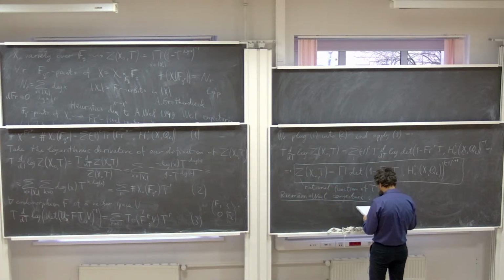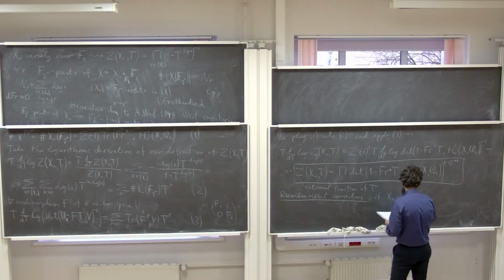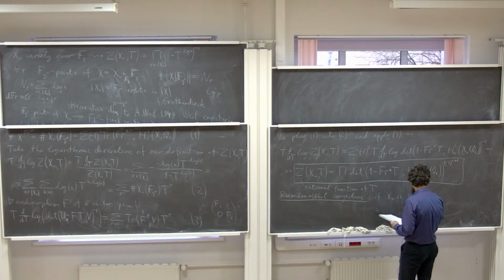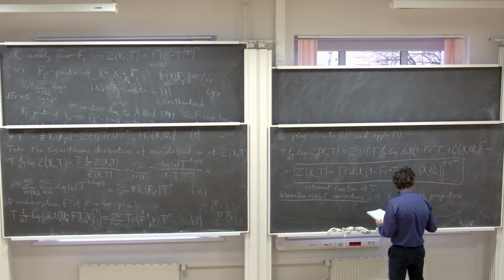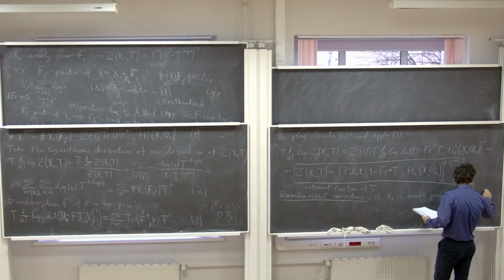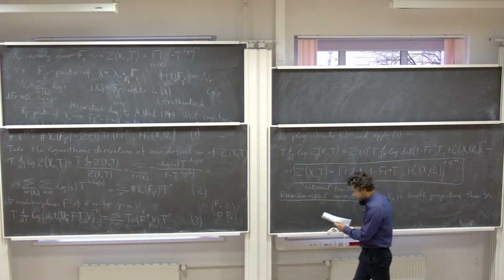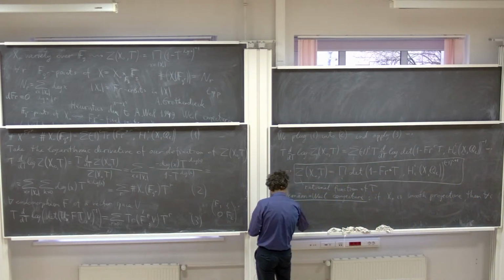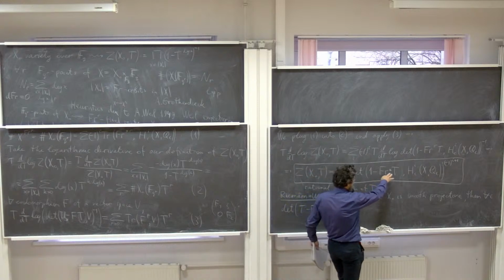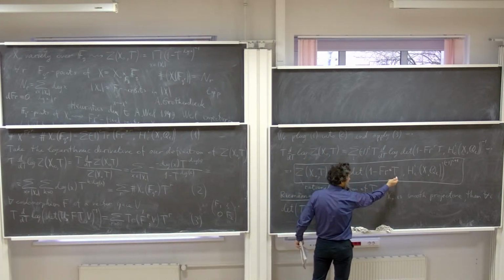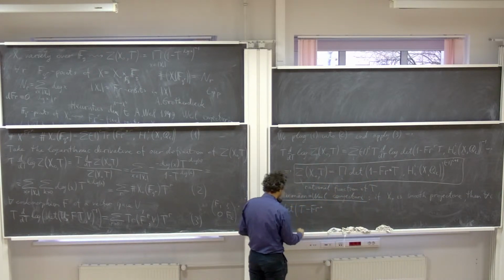So it says that if X naught is smooth projective, then for any i, the polynomial, maybe now I modify it slightly. So I divide by t and take t inverse.